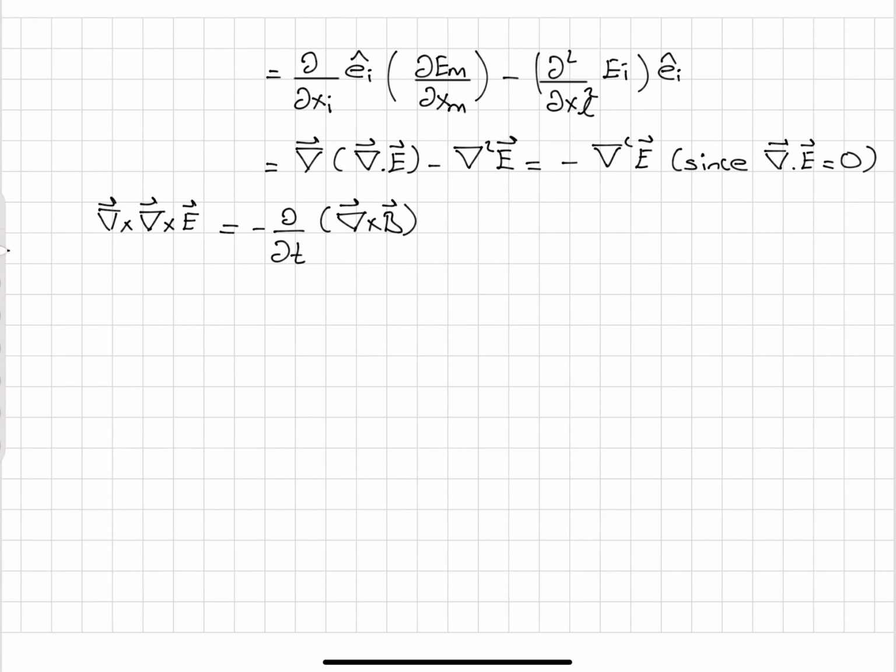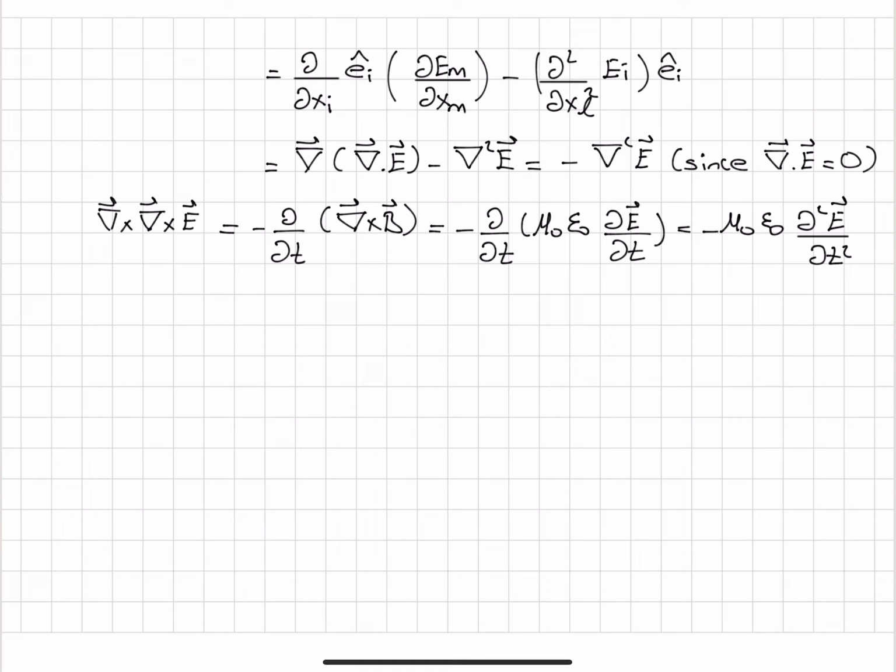So that is minus d dt mu 0 epsilon 0 del E del t, which is minus mu 0 epsilon 0 second derivative of the electric field with respect to time.